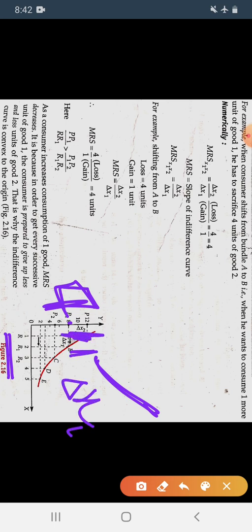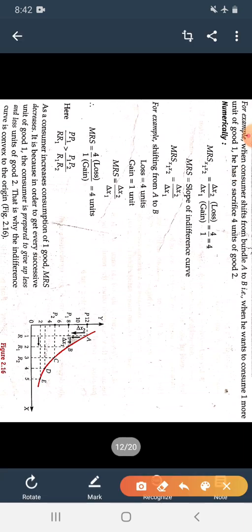Delta x2 is the P1 P2 upon R1 R2. That means how much he is sacrificing. Here he is sacrificing x2, from 12 units to 8 units. The difference is 4. So he is consuming and gaining one more unit of good 1, that is R to R1.